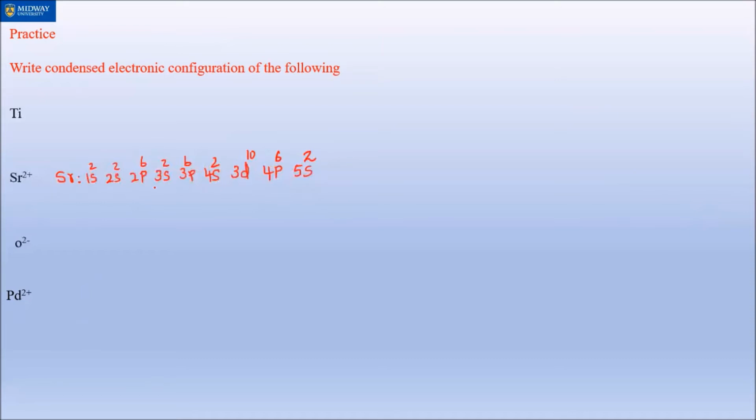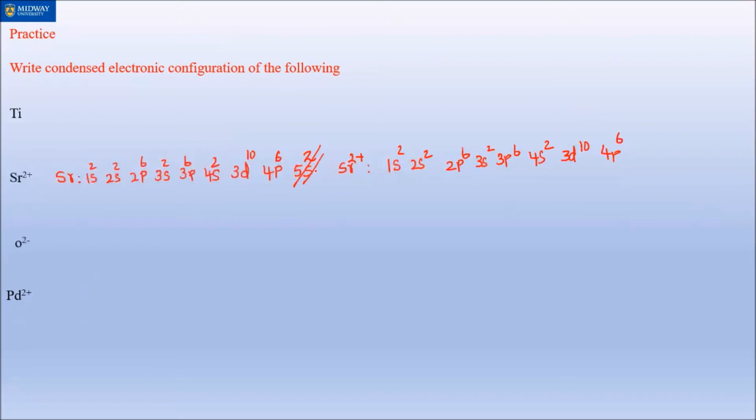This is strontium. Strontium 2+ means we have lost 2 electrons, right? So the outermost is what is lost. So 1s2, 2s2, 3s2, 3p6, 4s2, 3d10. Now, did we have it right?